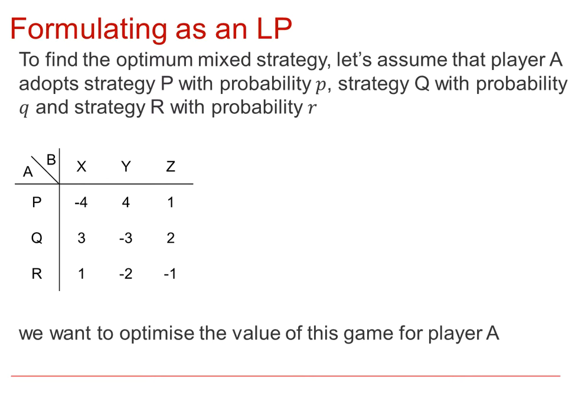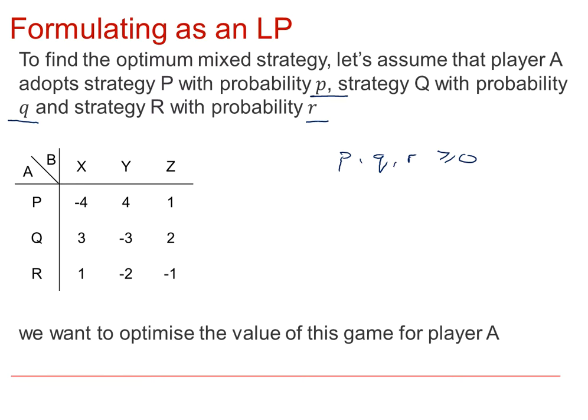So to find the optimum mixed strategy, let's assume that player A adopts strategy P with probability small p, strategy Q with probability small q, and strategy R with probability small r. So p, q and r will all be greater than or equal to 0, and also less than 1.